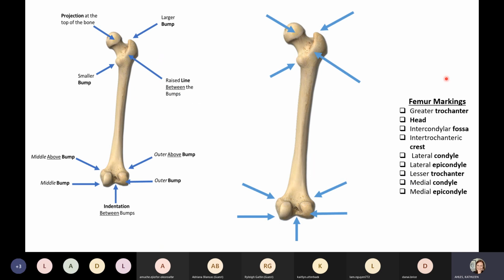When I'm looking at the femur, and you have in the guided lesson for you pictures of the femur bone markings that are labeled, first thing I want to do is go through and put those technical names on my different parts of the femur. So let me get my pen out and we're going to work together on this. We already talked about the name of this part of the bone earlier in our class today. Does anyone happen to remember what this part of my femur was called? Did anyone catch that?